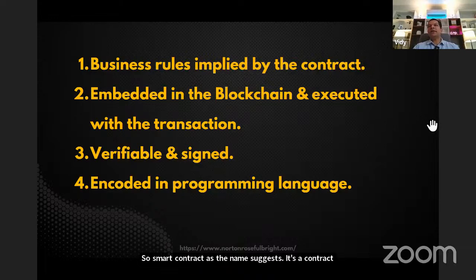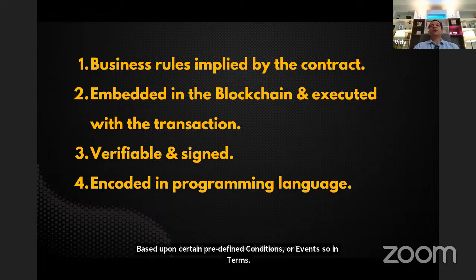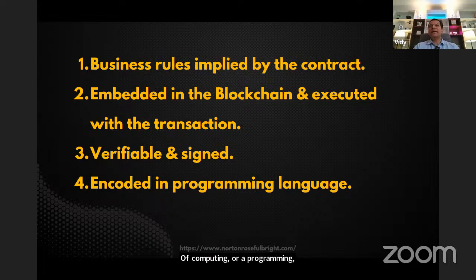And the reason it is called smart is because it can automatically execute the contract based upon certain predefined conditions or events. In programming terminology, the simplest way to represent a smart contract is an if-then-else kind of logic.